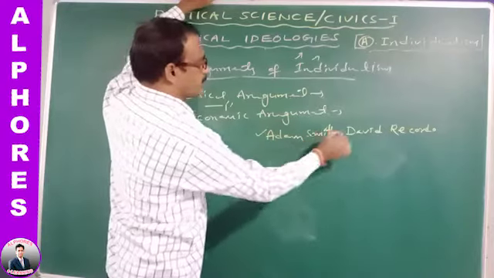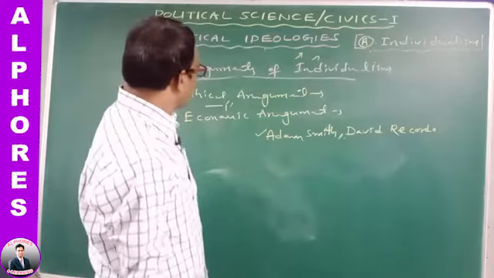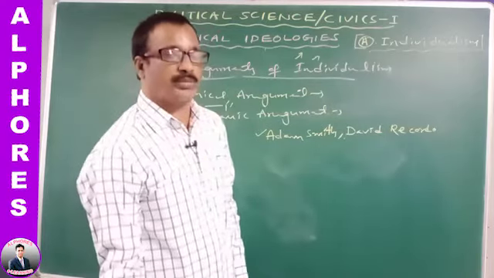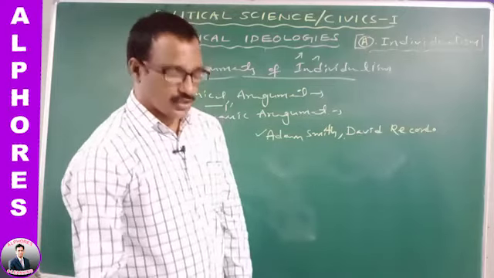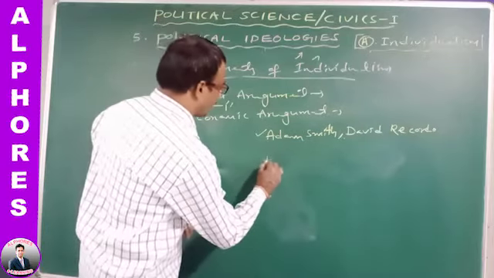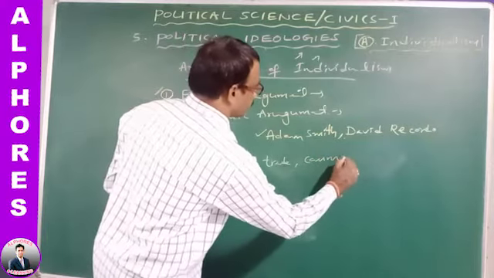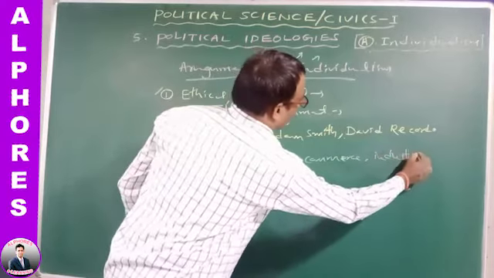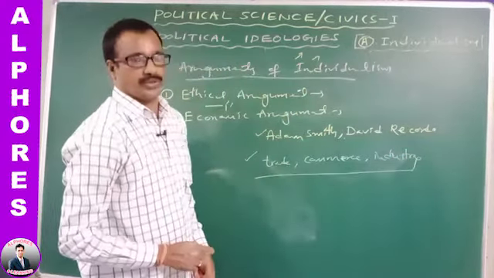So, economically, the state should not interfere in the economic activities of the individuals. What are the important economic activities of the individuals? Trade, commerce, industries. Clear? These are the economic activities of the individuals.